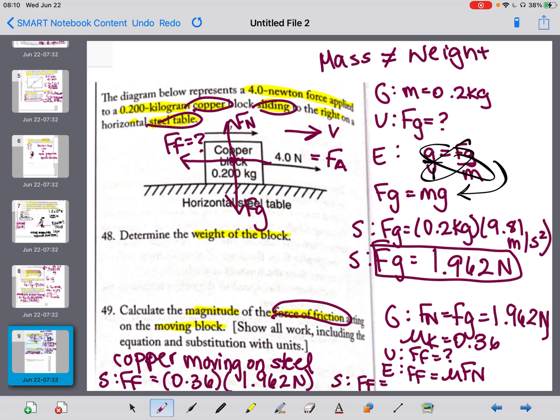My frictional force should be equal to 0.36 times 1.962, and you should get an answer of 0.71 newtons. That is a very small friction force value, but it makes sense because you have such a small normal force.